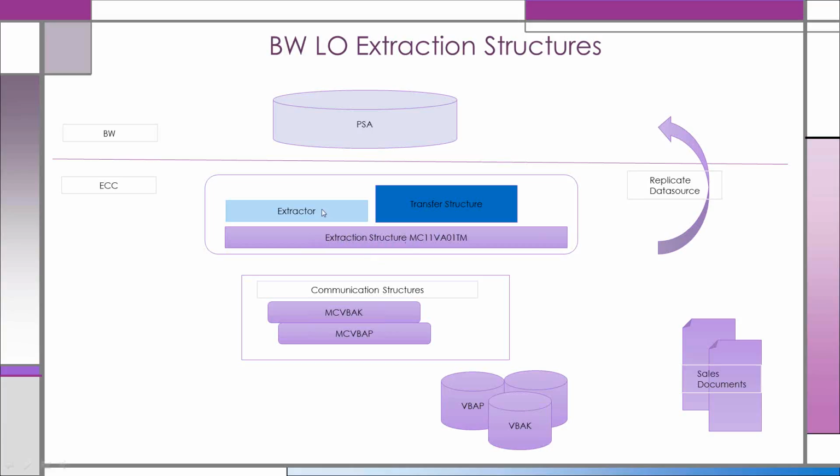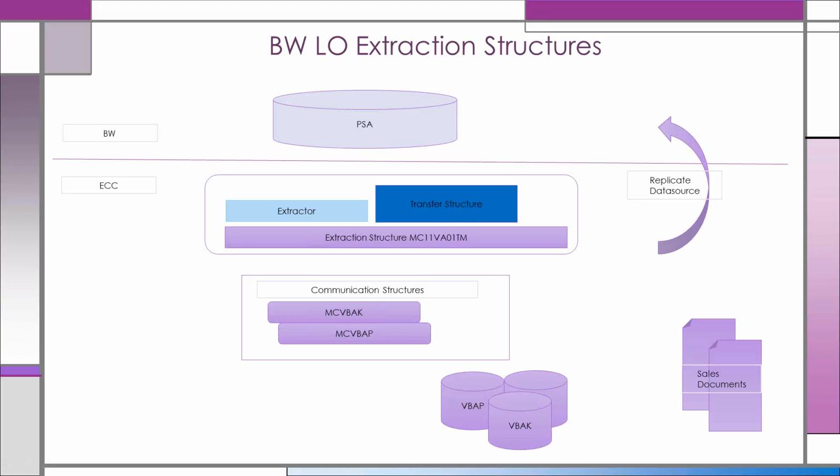So in the extract structure there are two different structures. One is an extractor, the other is a transfer structure. In the extractor we will have whatever data is available from the communication structure. But in the transfer structure, you will only have the fields that need to be loaded into the PSA.